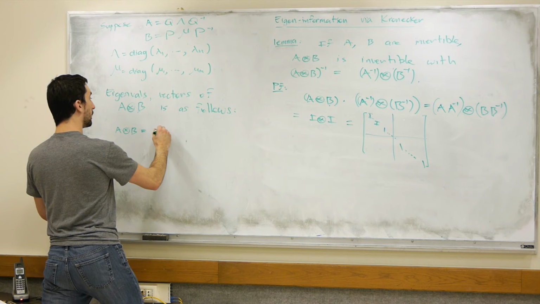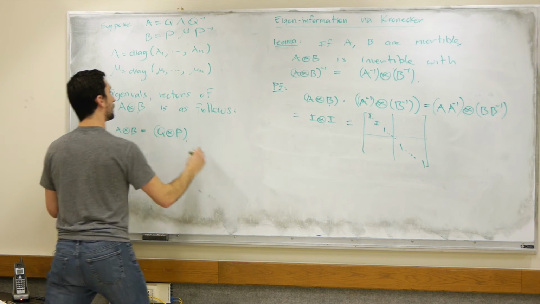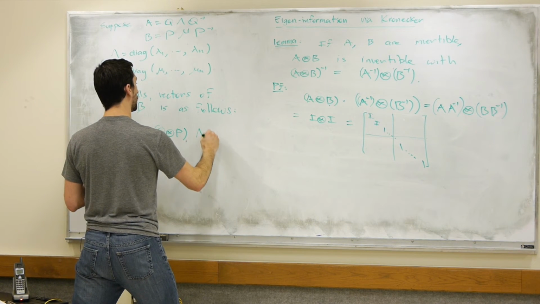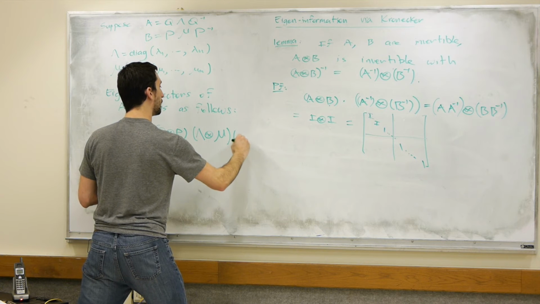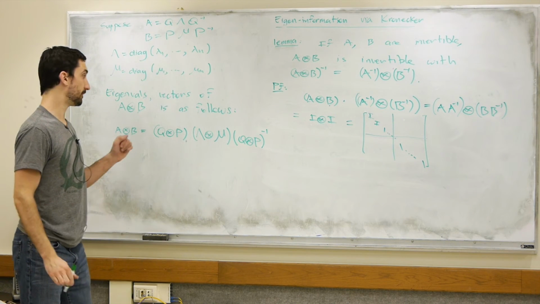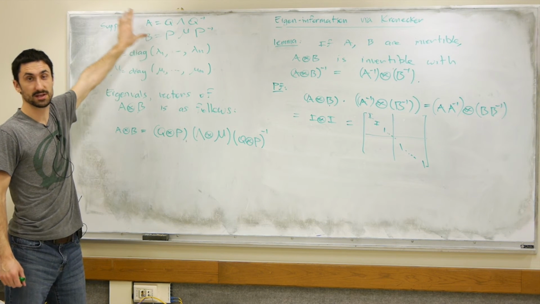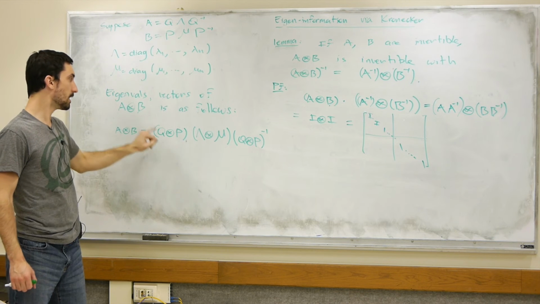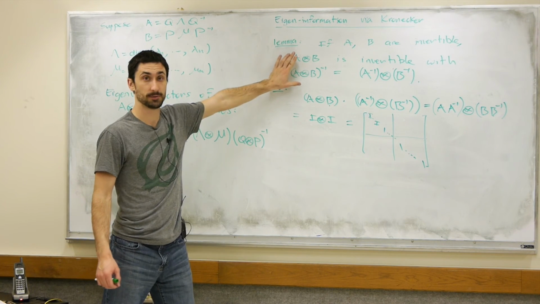We have Q Kronecker P, then lambda Kronecker mu, and then Q Kronecker P inverse. So first, Q is invertible, P is invertible, just from this diagonalization. Q Kronecker P is then invertible by this lemma.